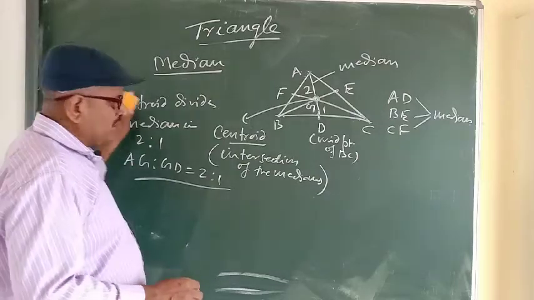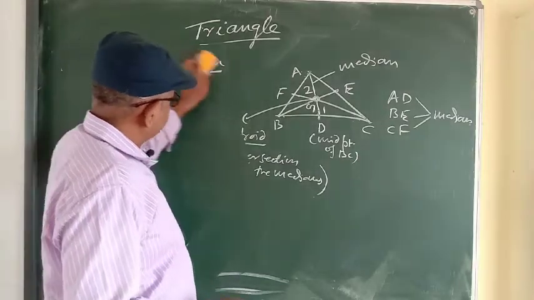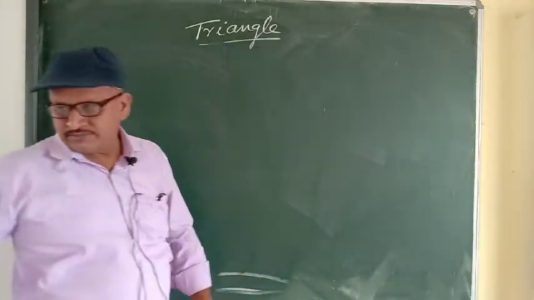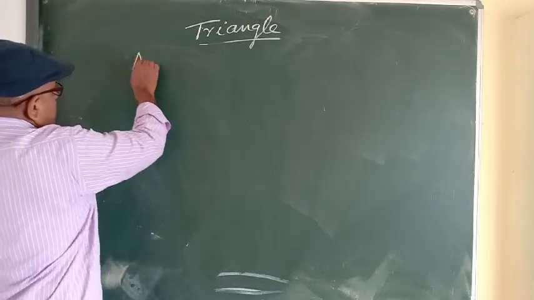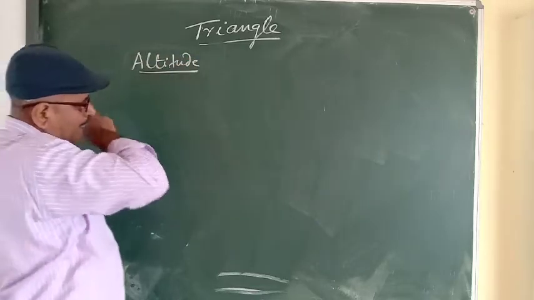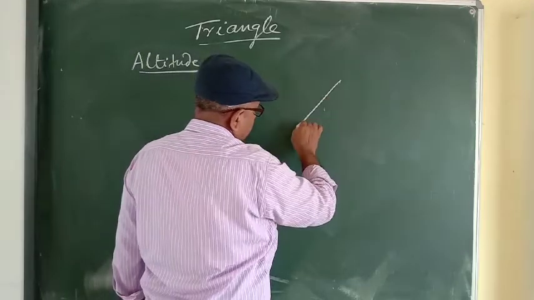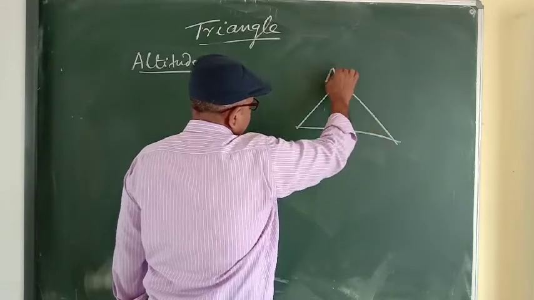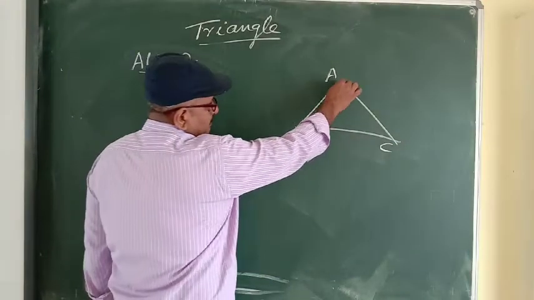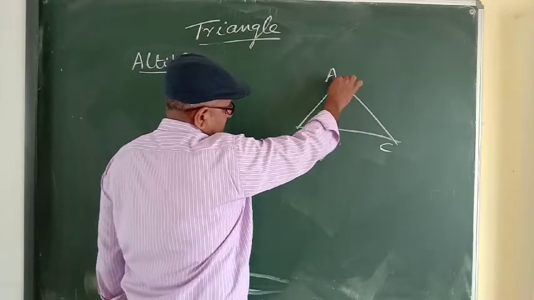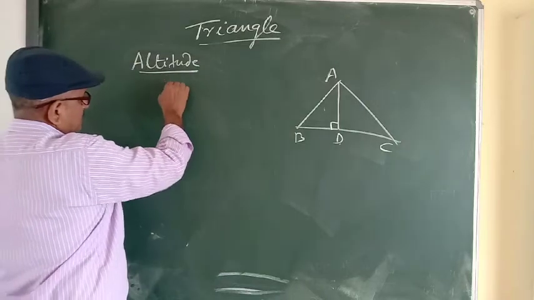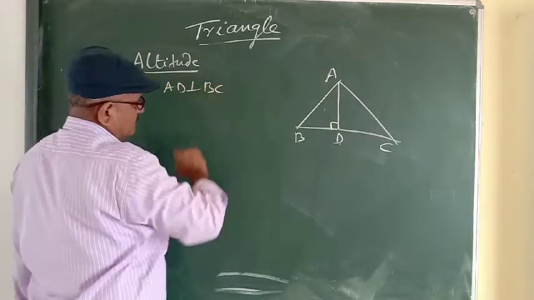Now we will see altitude of the triangle. Next topic, altitude. So what is altitude? Again we will take a triangle ABC. If we draw the perpendicular from A on its opposite side BC, AD is perpendicular to BC.